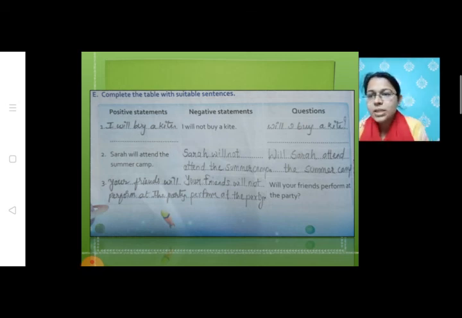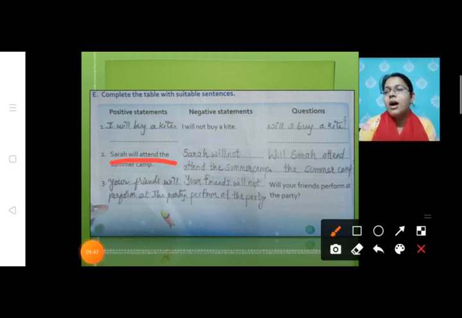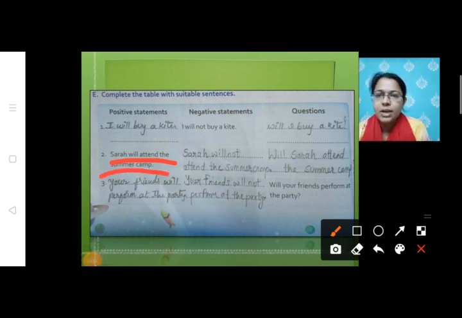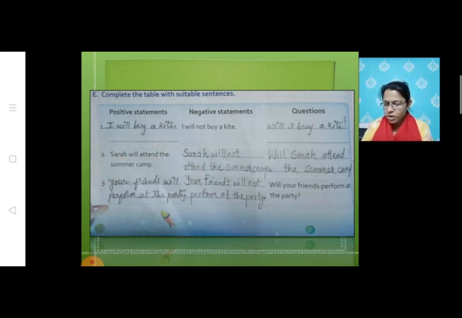Now let's see the second one. Sarah will attend the summer camp. So here they have given us the positive sentence. So we have to make negative and question. So let's see how we are going to do that. For a negative sentence, we have to add not along with will.